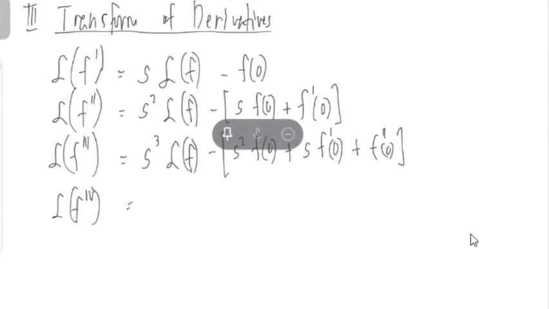Sige nga. Anybody? Fourth derivative. Sir, try ko po. Sige, sige. I'm listening.